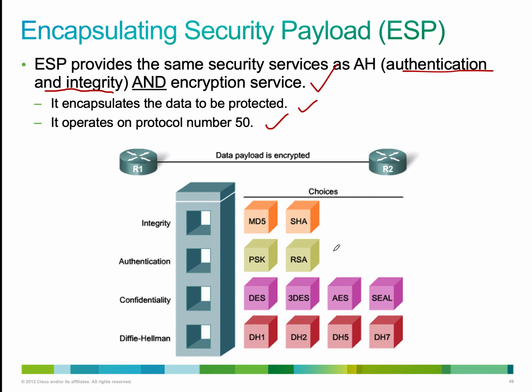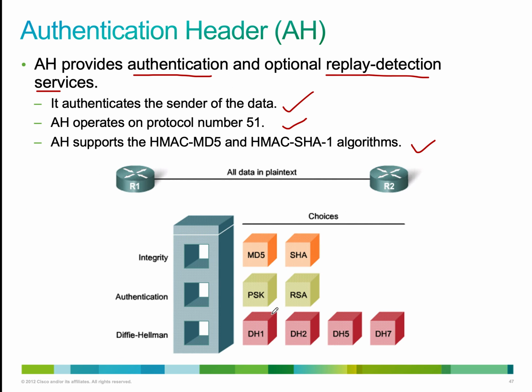So it provides encryption. You can see there's an encryption mechanism in this for the confidentiality part. Here, AH does not have the encryption part. You can look. AH does not have the encryption. Encryption is missing. The confidentiality part is missing. These are the only choices you have: integrity, authentication, and Diffie-Hellman.